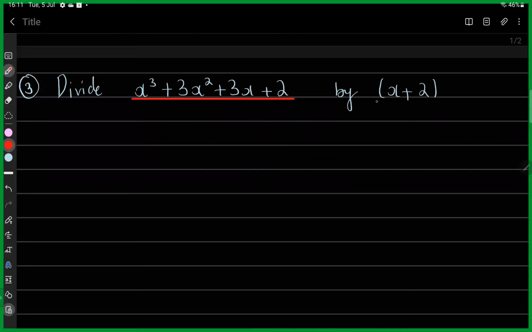Now this is my polynomial. This is the divisor or the factor. So we need to write it down the same way we have been discussing.